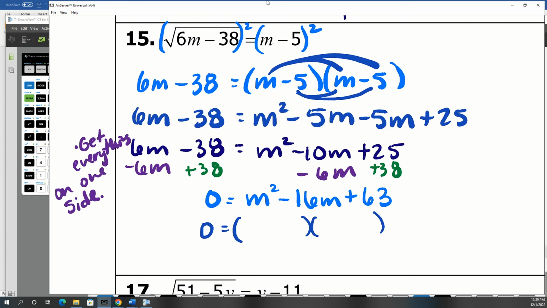All right, and then this is just a good old factoring, a trinomial, where we do our two sets of parentheses. And you might be running out of room. These boxes are kind of small. We do the two sets of parentheses. What we put here and here needs to give you m squared. So that has to be m and m. Okay, if this is a plus, do you guys remember what that tells you about these two?